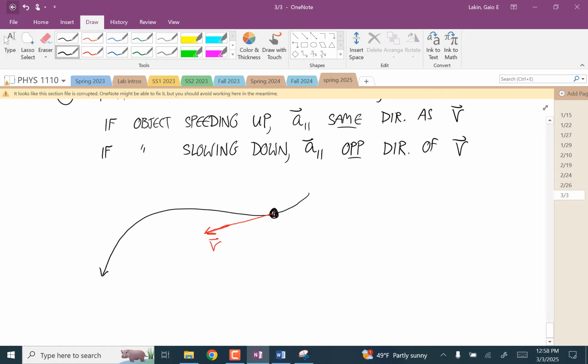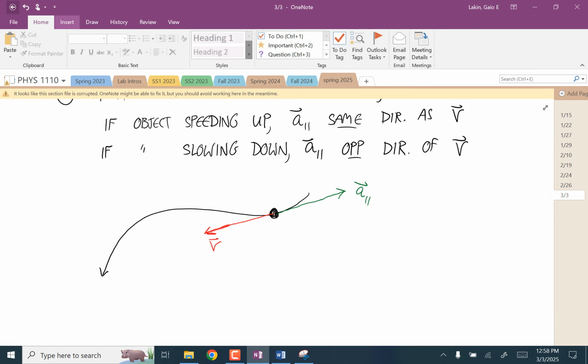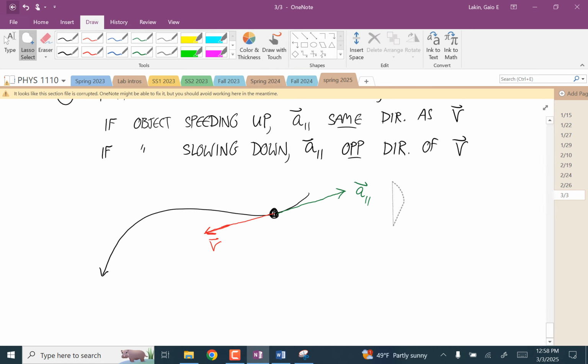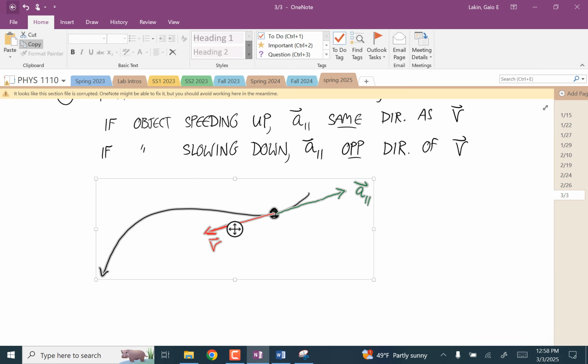If it's slowing down, A parallel is opposite the velocity. So A parallel is this direction.